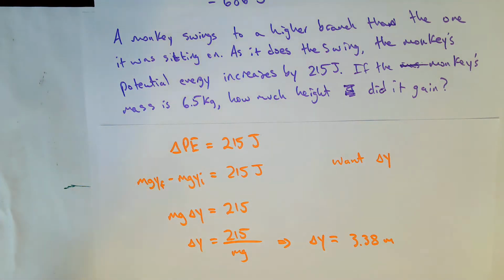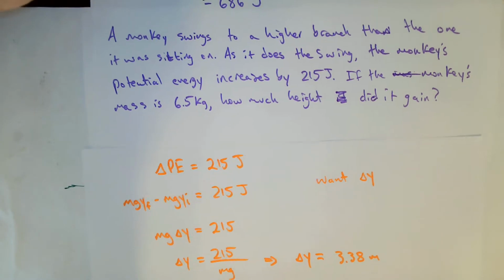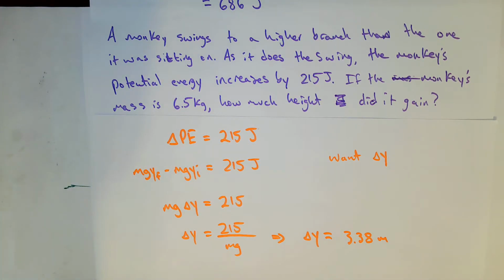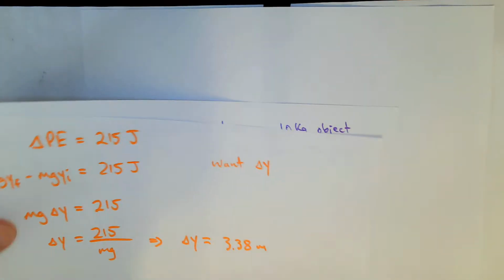We could reframe the problem and say, how much speed does he need to cover this distance? I don't know. We could reframe it somehow to ask about kinetic energy, but in this case, it was not even necessary to bring in kinetic energy. Okay.